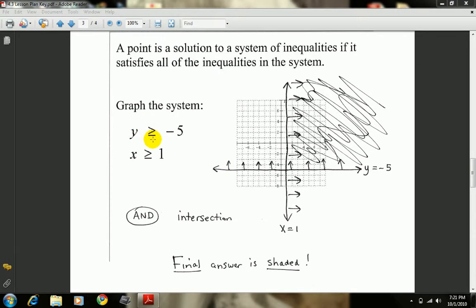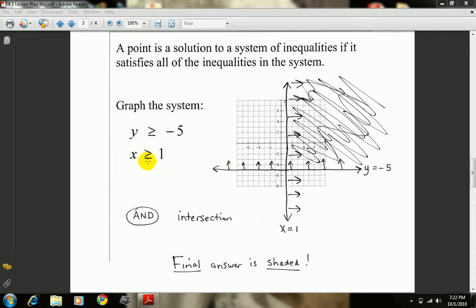Greater than or equal to tells me to shade above it and also make the line solid since the points on the line are included. So we have a solid boundary line, and right now I'm just going to put directional arrows shading up, indicating that my answer is going to be above this line.